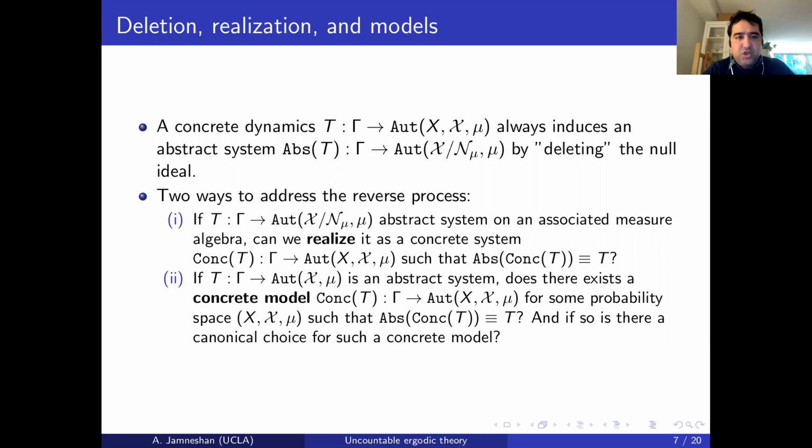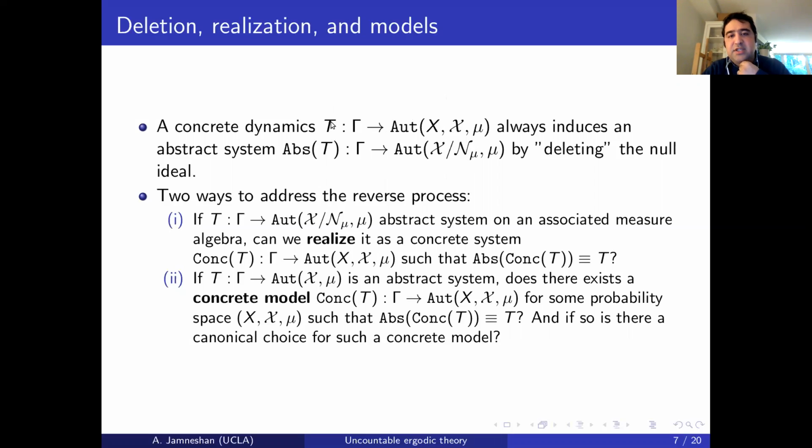So now there is a relation between concrete and abstract dynamical systems. So clearly, if we start with any concrete system, then we can obtain an abstract system by just deleting the null sets. So we have here a group of measure preserving transformations of a concrete probability space, and then we pass to the measure algebra of that probability space.